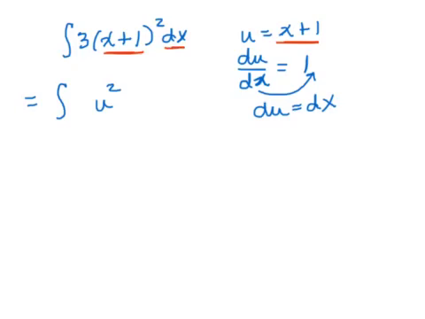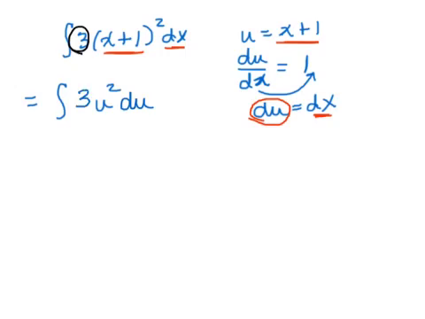Now this dx right here is also right here. Dx is du. So instead of dx, we're going to write du. Now if you notice, the only thing that has not been replaced is 3. And we still need that 3 as part of the equation. So we're just going to bring that down.